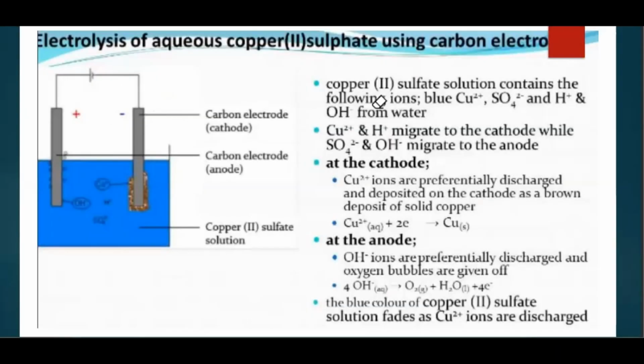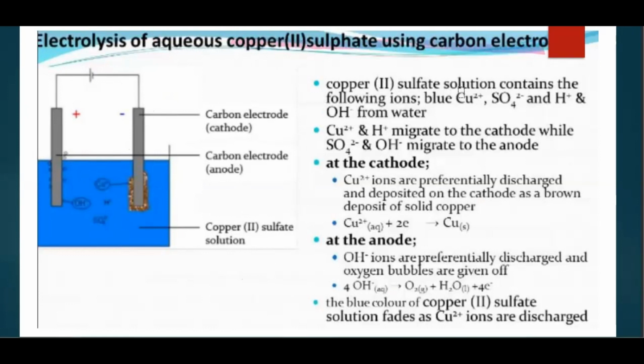Now, this slide is actually whatever I verbally explained to you. This is the gist of all that. So whenever we do the electrolysis of concentrated copper sulfate, right, using the carbon electrode, this is what happens here.